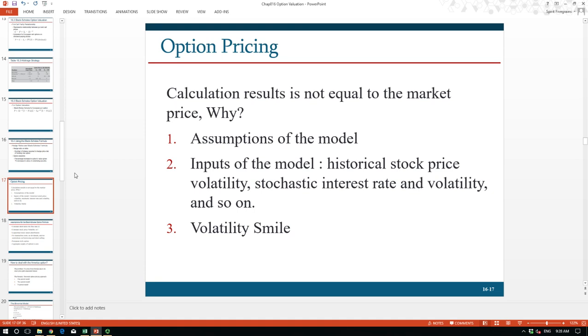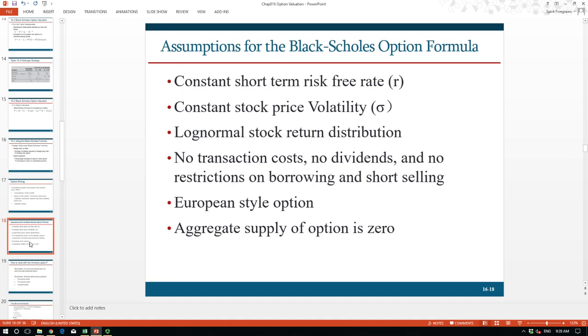First one, the model assumptions. In addition to the non-arbitrage argument, there are attached assumptions in the Black-Scholes formula, and those assumptions may not be valid. Let's take a look at those assumptions.